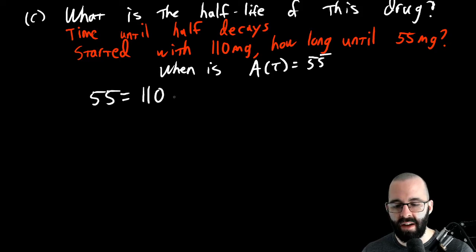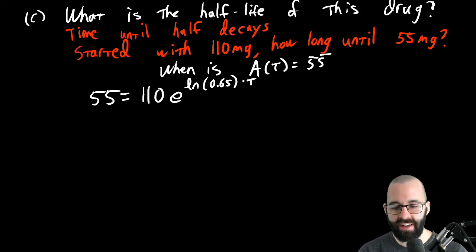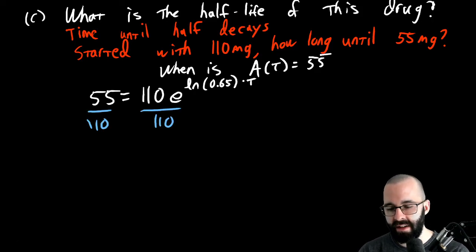55 milligrams is 110 e to the natural log of 0.65 times t. Solve for t. Exponential equation. Get that exponential function by itself. And again, it's 6.6 all over again. We had a whole section on that, so I'm going to go through it kind of quickly. Divide by 110.